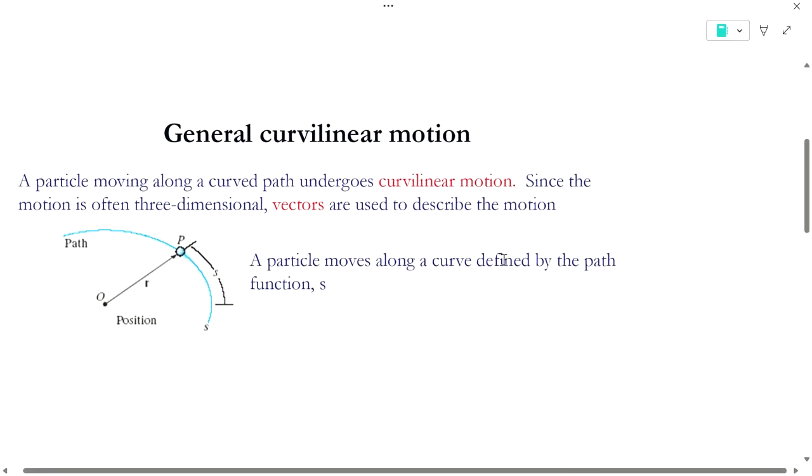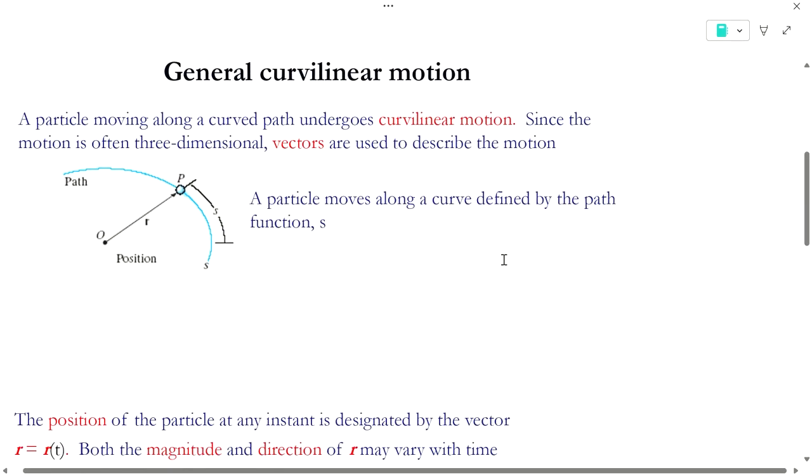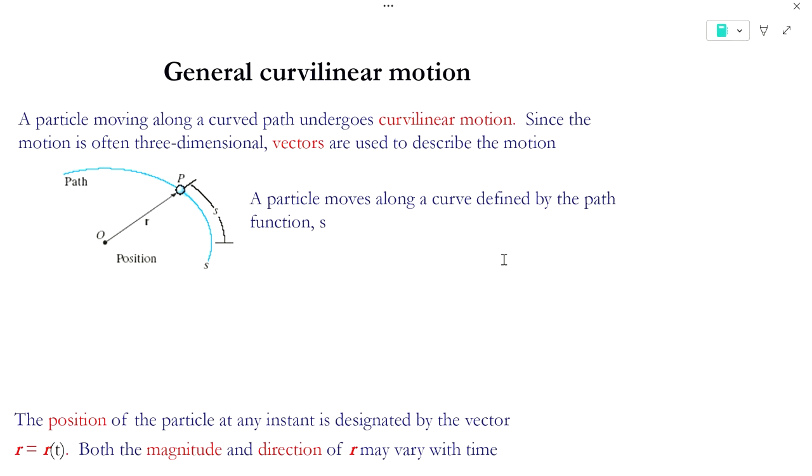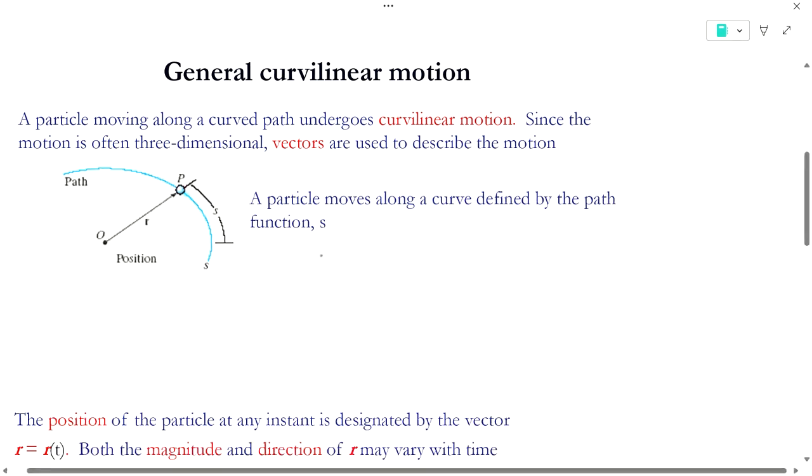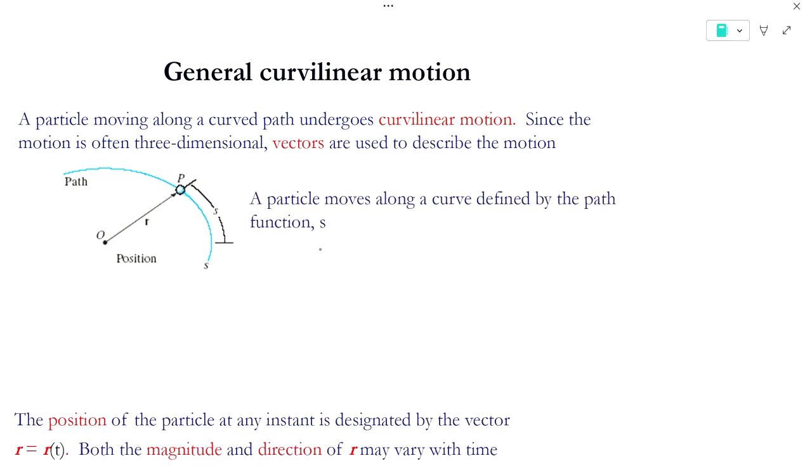But it's very interesting because that offers a very elegant way of capturing the acceleration and velocity and displacement of particles moving in curves and in paths that have arcs and in using different coordinate systems too. So in general, curvilinear motion is given when a particle moving along a curved path undergoes a curvilinear motion.